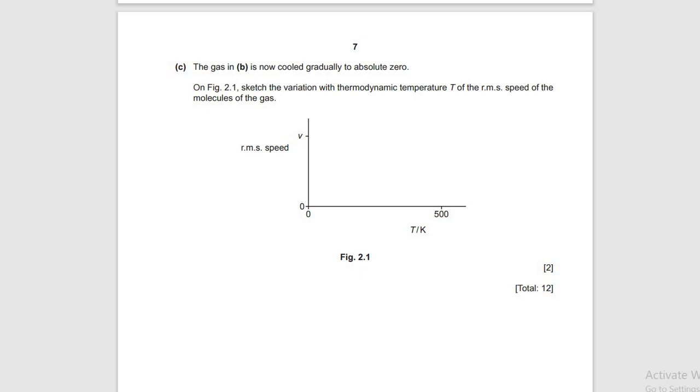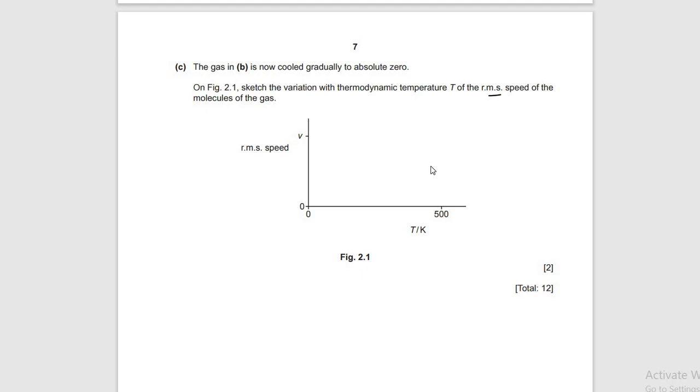Now the gas in V is now cooled gradually to absolute zero. So I'll sketch the variation with thermodynamic temperature T of the root mean square speed of the gas molecule.